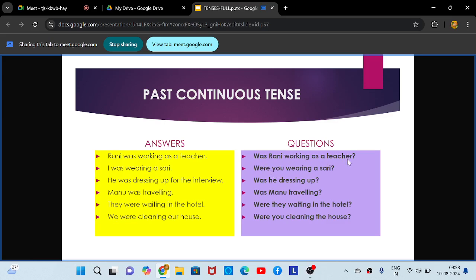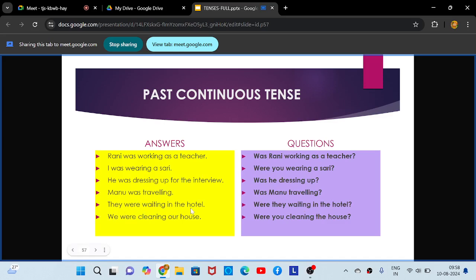Was Rani working as a teacher? Yes, Rani was working as a teacher. Past continuous tense, right? Were you wearing a sari? I was wearing a sari. Was he dressing up? He was dressing up for the interview, maybe. Was Manu traveling? Yes, Manu was traveling. Were they waiting in the hotel?